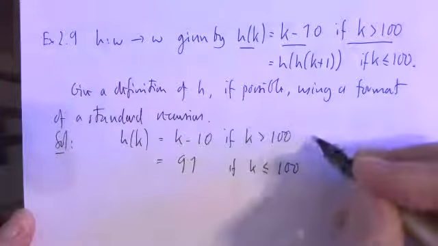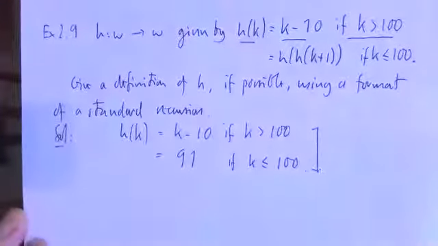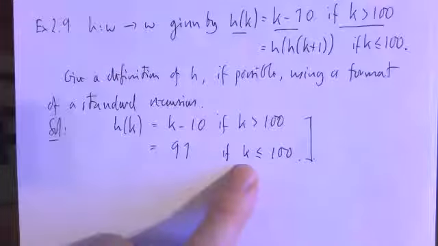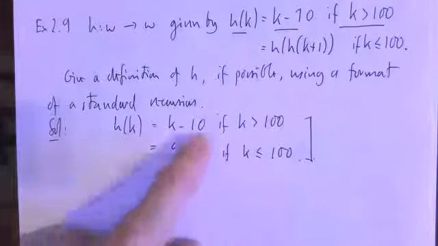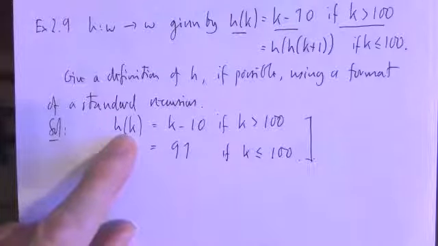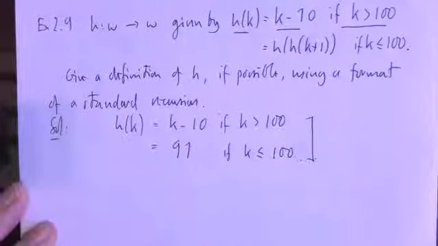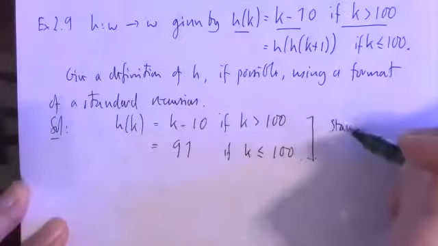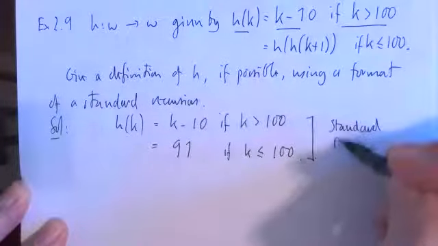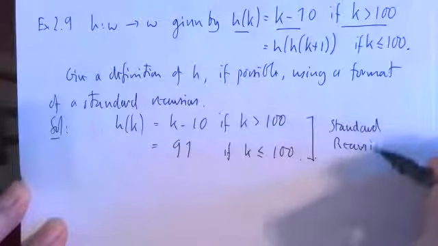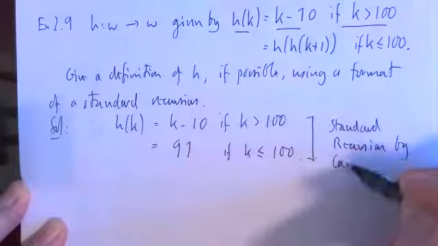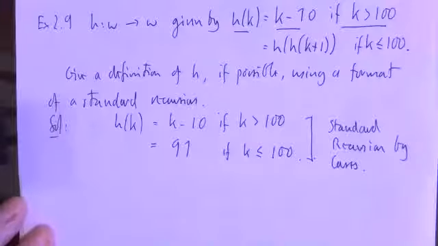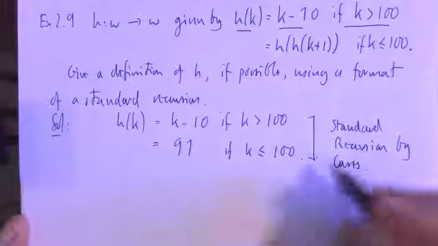But now this is a standard recursion by cases: we define h of k for k's up to 100, and we have a perfectly good definition for k bigger than 100. So I think this is all you would have to do in this case.